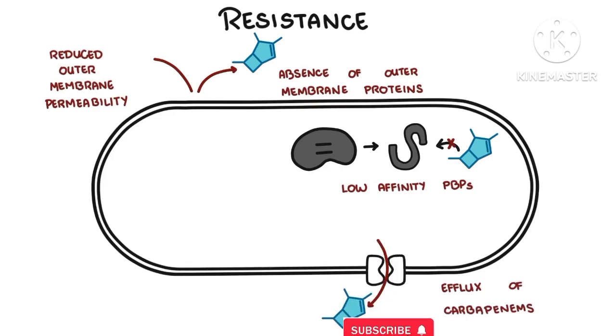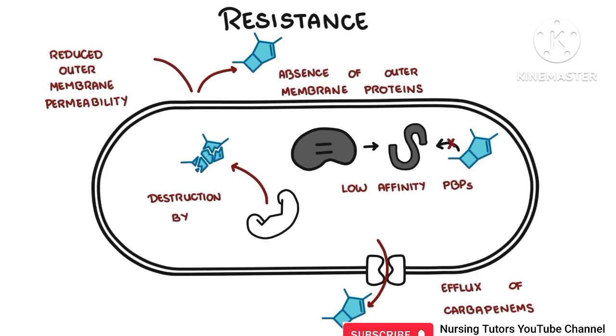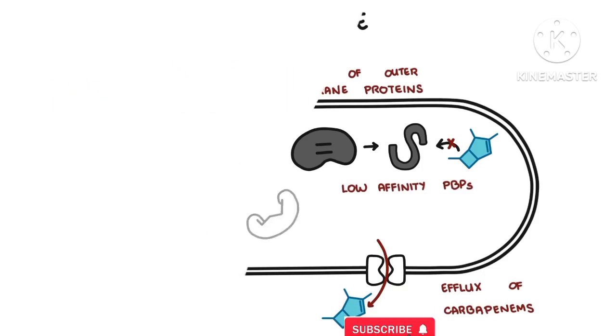There is increased efflux, of course, and the other way is production of beta-lactamases, although in this case it is not common because carbapenems are not as easily destroyed by the beta-lactamases compared to the other beta-lactam antibiotics.